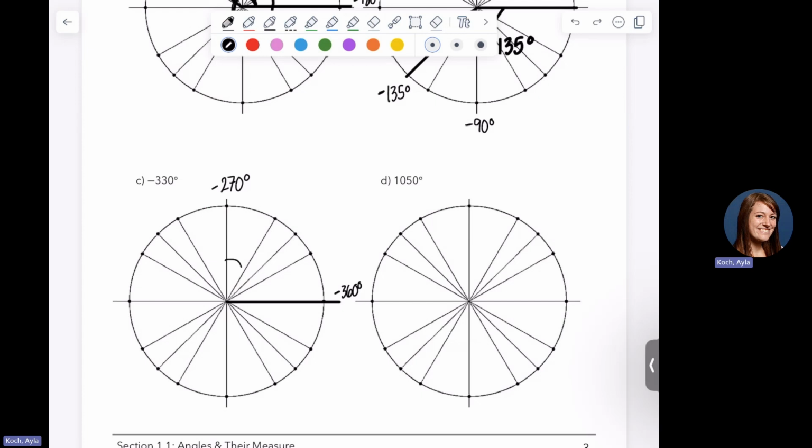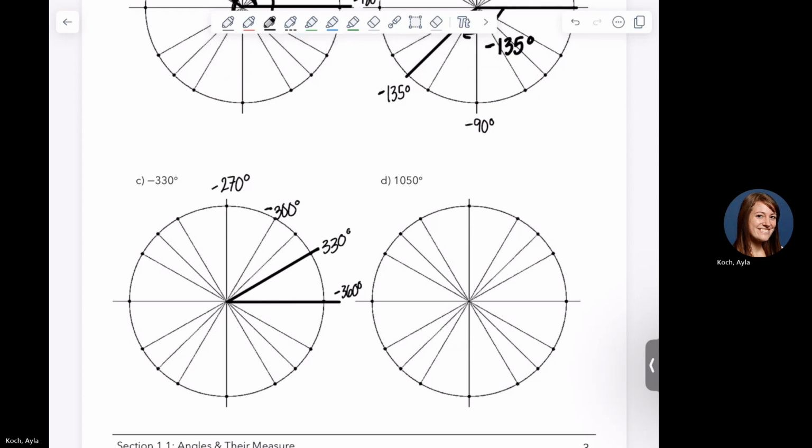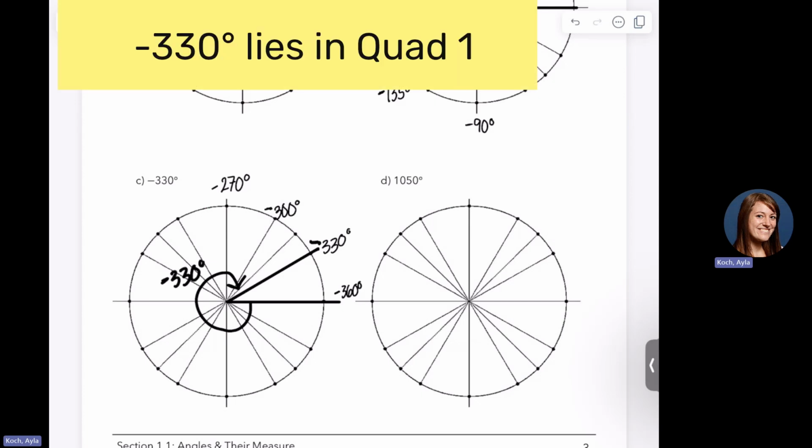So this is a 30-degree angle, this is a 30-degree angle, this is a 30-degree angle. Those are 30-degree jumps. So we have negative 300 degrees, and negative 330 degrees is right here. So we go all the way around. Negative 330 degrees.